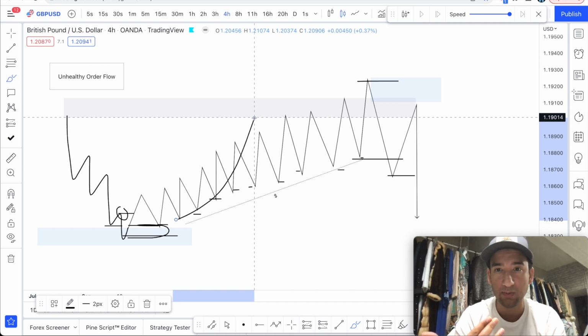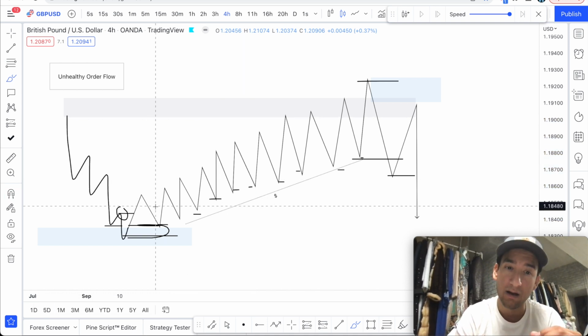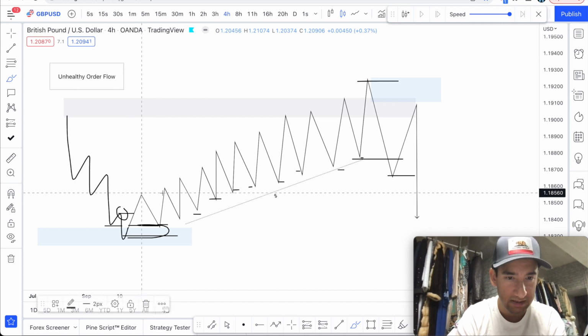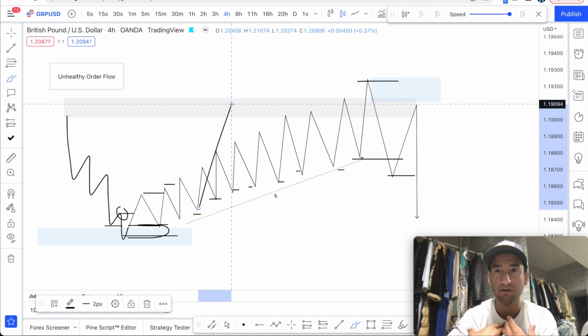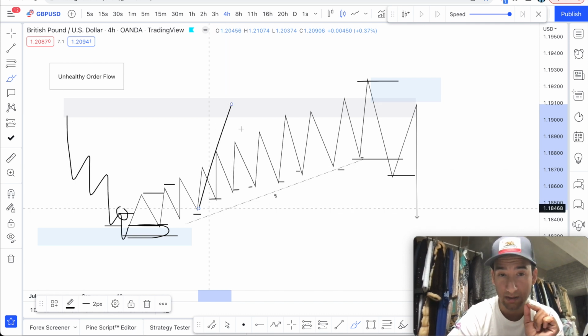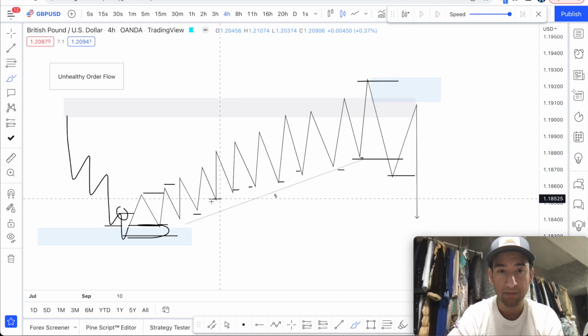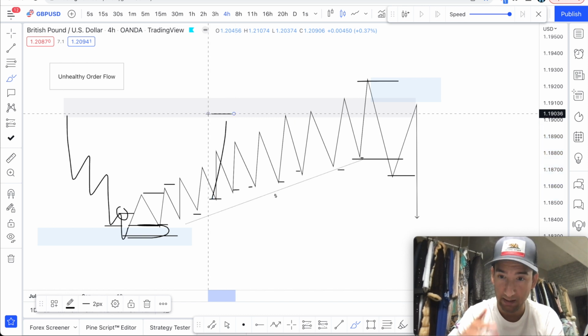Because once we spot that healthy order flow after the first, second, and or third break of structure, that's when we can finally tell ourselves, okay, now I can see that price is in a healthy order flow, if price does intend to push bullish like this the rest of the way to that next supply zone.